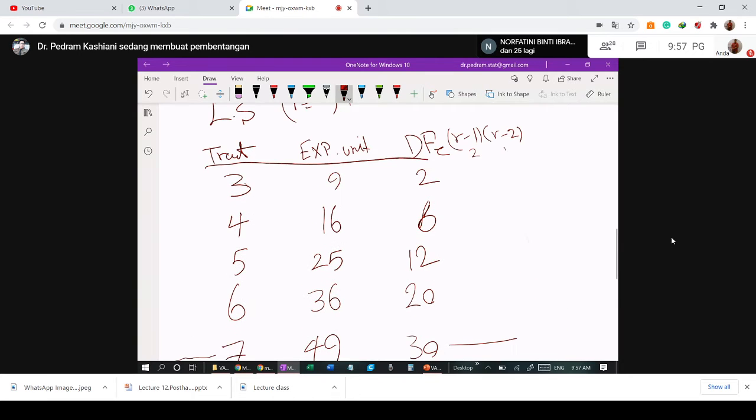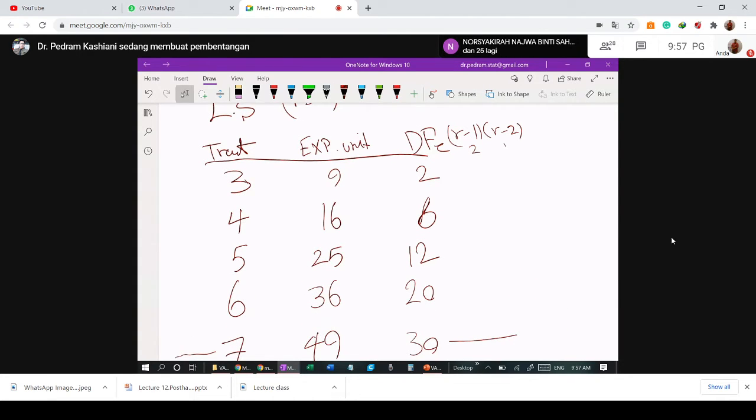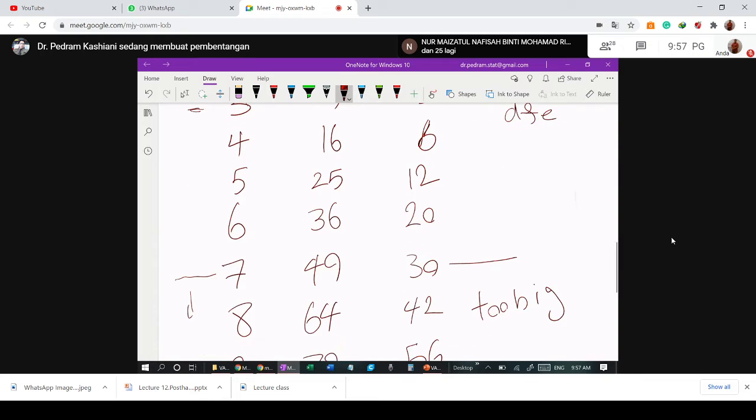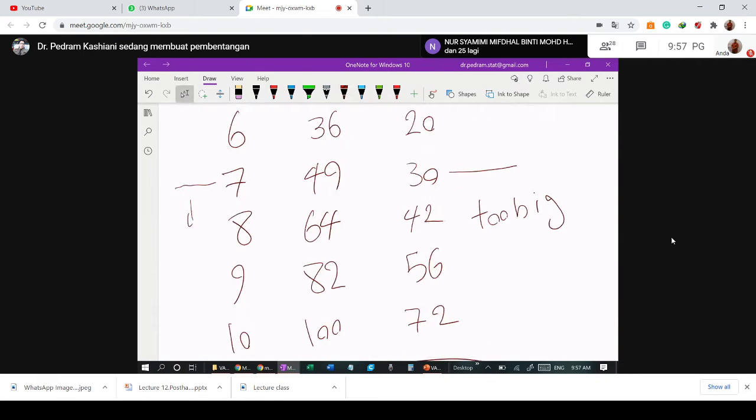And if I want to do an experiment here, my degrees of freedom for error is 2. So this is too small, DFE. This is too big, let's say I call it too many, not too big. Too many experimental units.